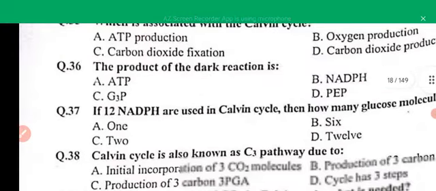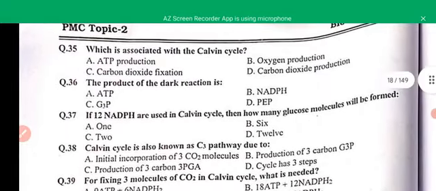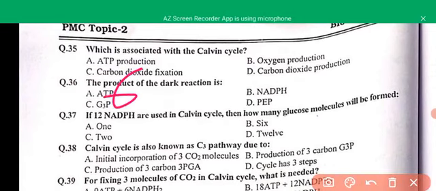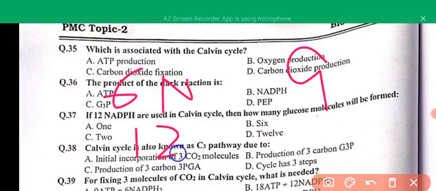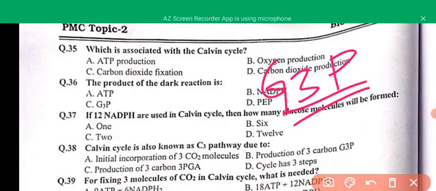Then 37: if 12 NADPH are used in the Calvin cycle, how many glucose molecules will be formed? We know that 12 NADPH and 18 ATP should be used. G3P is produced, and it has 3 carbon atoms.